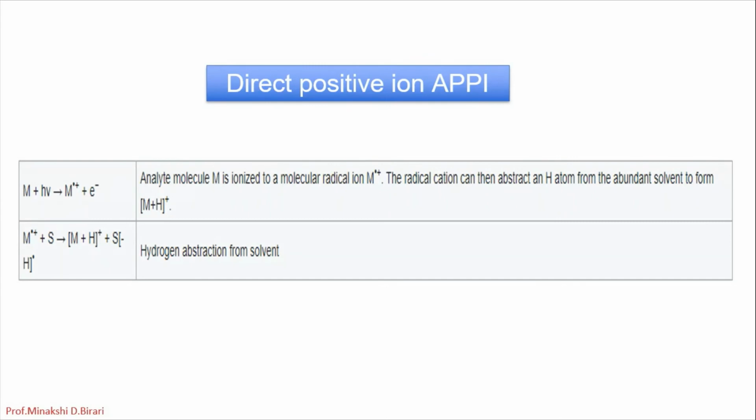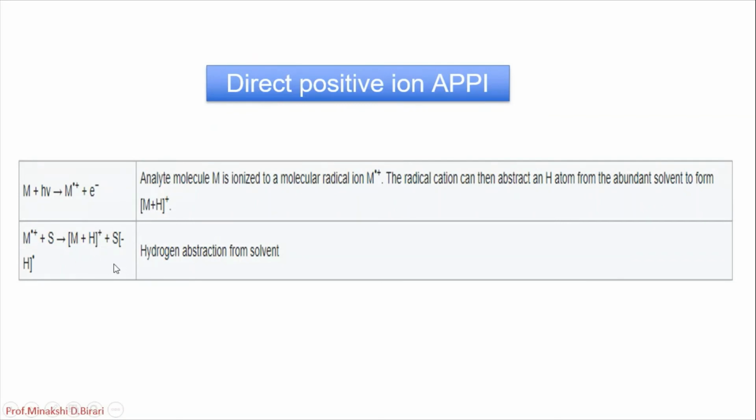Then the second one, that is indirect APPI, where the formation of the molecular ions takes place with the presence of solvent also. And here the abstraction of a hydrogen atom from the solvent occurs to form these MH plus ions, quasi-molecular ions.